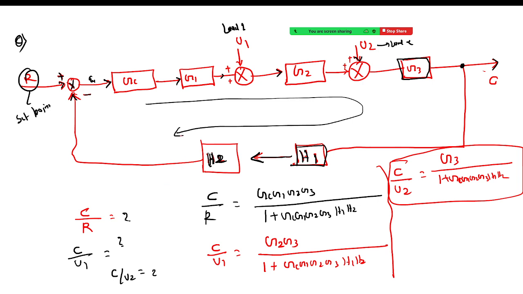I hope this is very clear to all of you. Anyone has any doubt? Okay, if you don't have any doubt, then I'll solve the next problem, that is the overall transfer function.